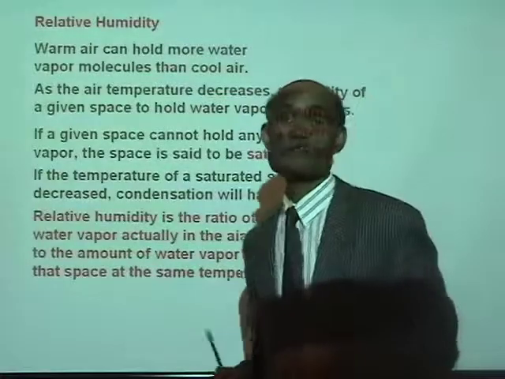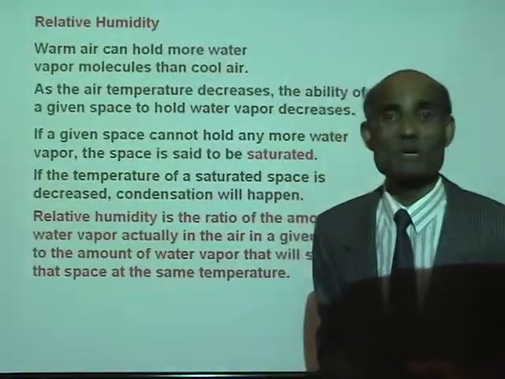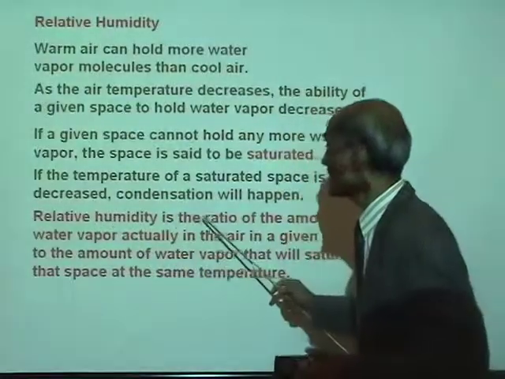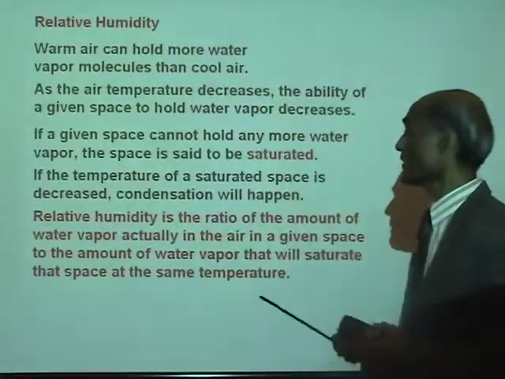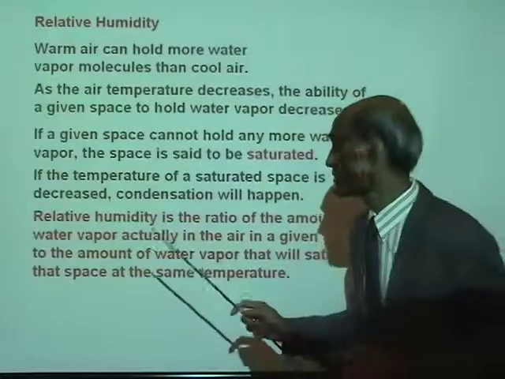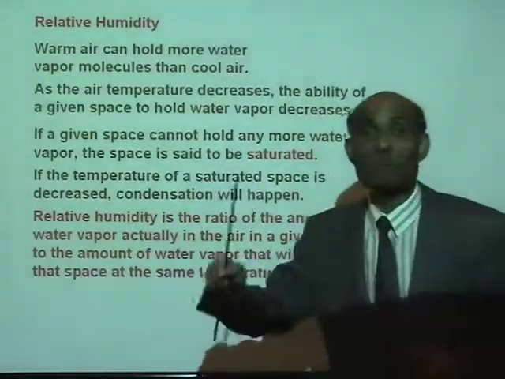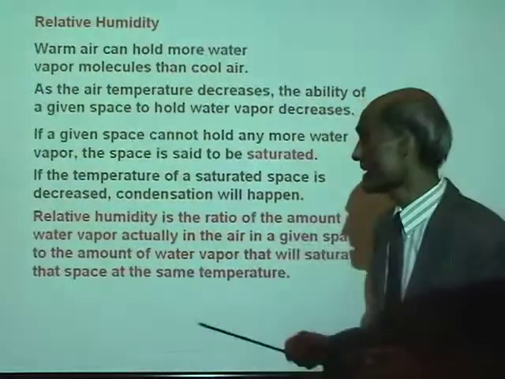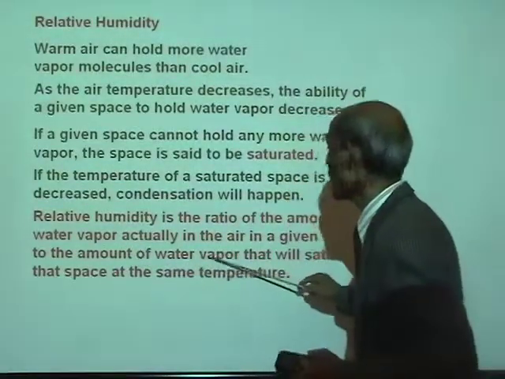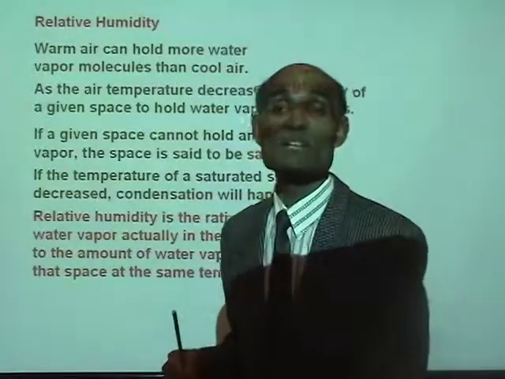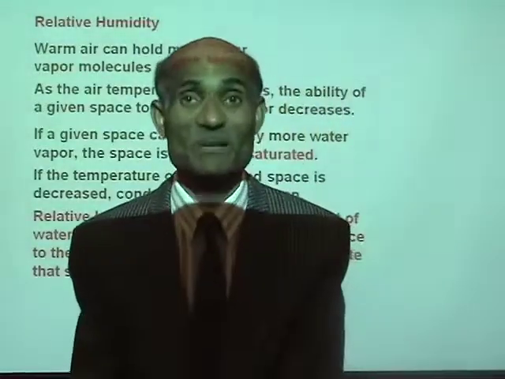Now, what is the definition of relative humidity? Relative humidity is the ratio of the amount of water vapor that is actually present in a given space to the amount of water vapor that will saturate that space at that temperature.